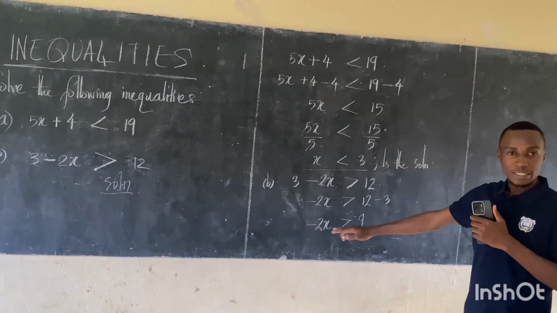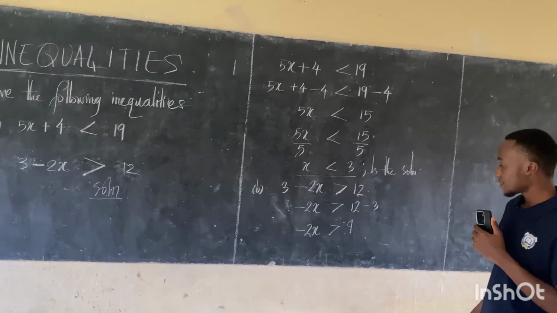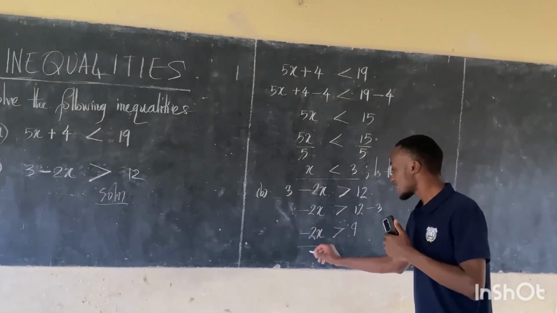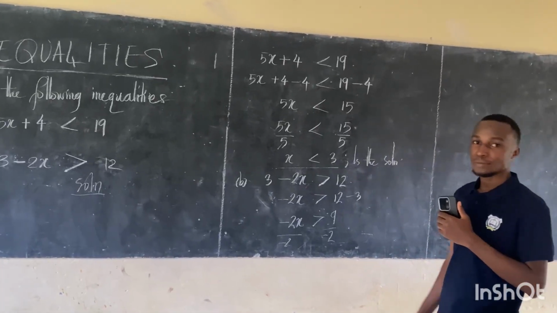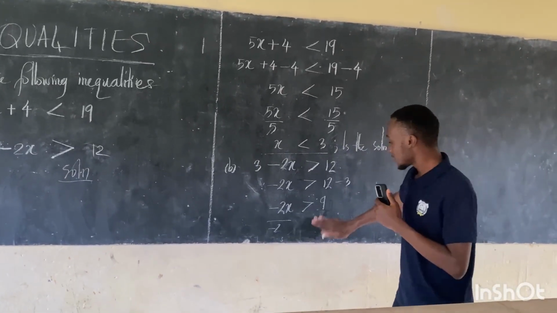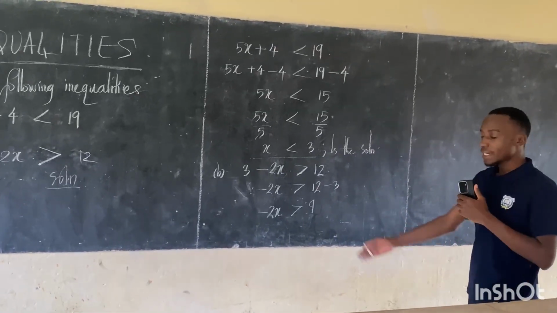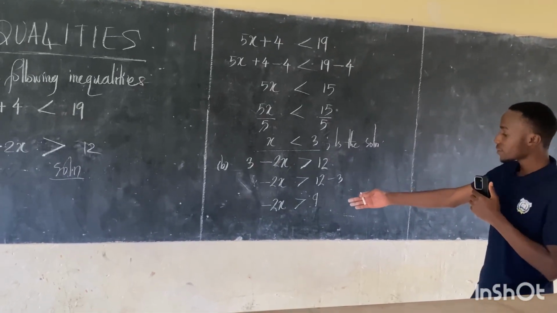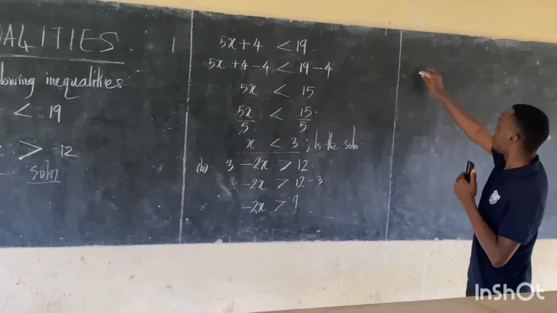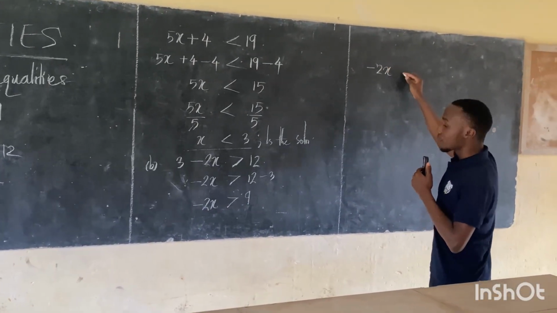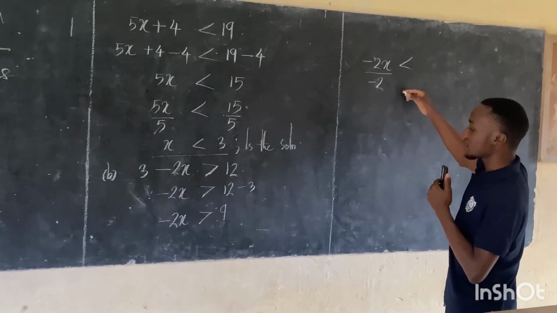And at this very step, dealing with a negative, we have to be very cautious. Dividing from this step, that divide by a negative 2, is wrong. We should never do that. So what we shall do is rewrite this, but on acknowledging that we are yet to divide by a negative, we shall make sure that we change the sign at this very step of dividing by a negative.